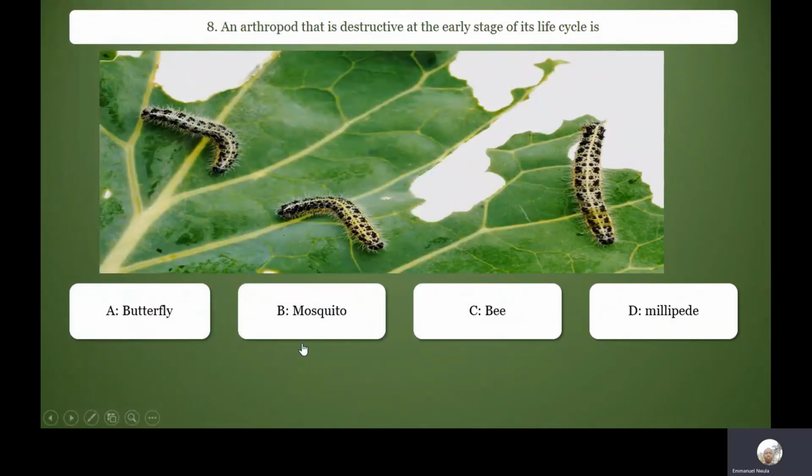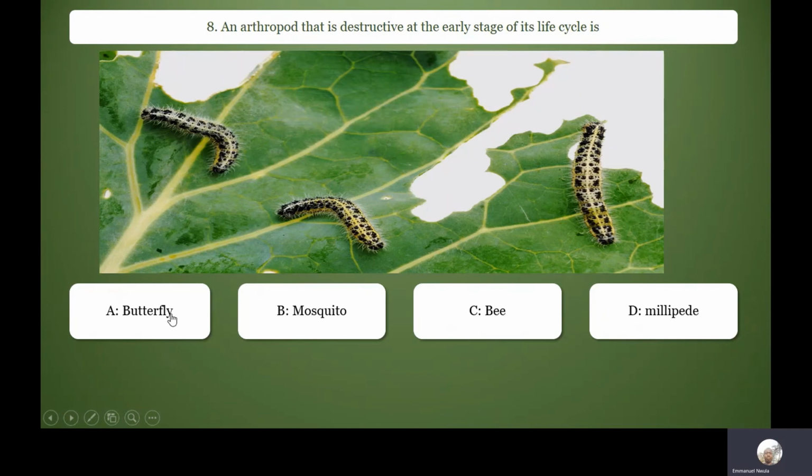An arthropod that is destructive at the early stage of its life cycle is the butterfly. The butterfly undergoes complete metamorphosis.